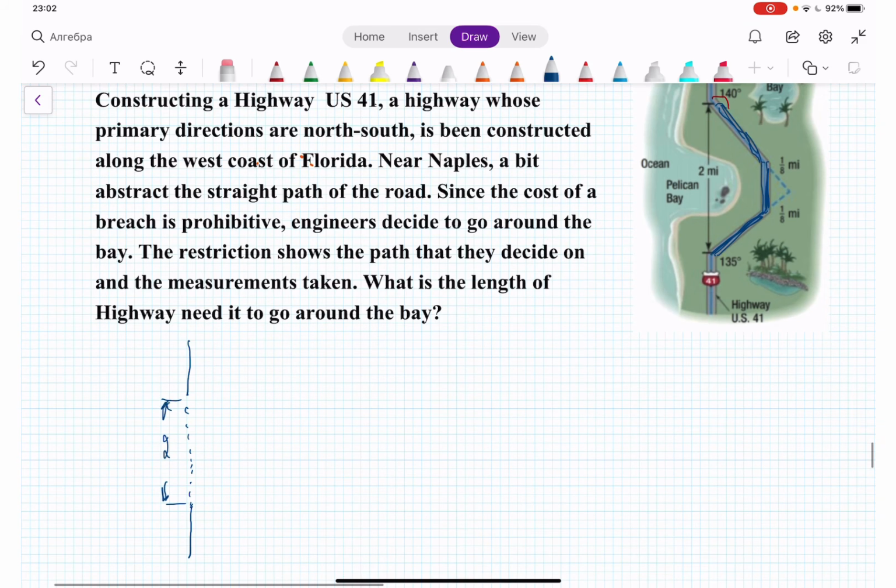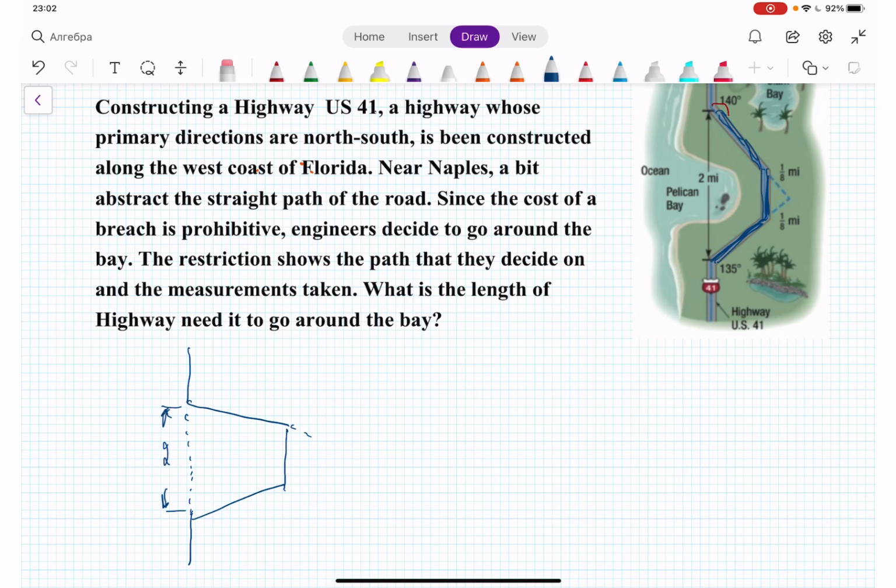Okay, and here we are avoiding the water, building like this. And to complete this triangle, it's 1/2 mile here and also 1/2 mile here. So we get an isosceles triangle, right?